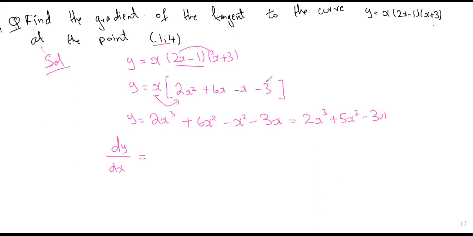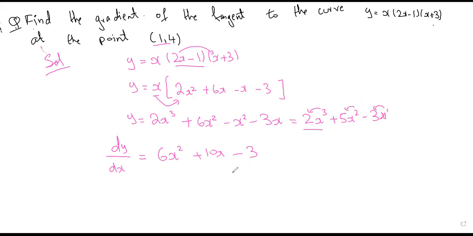Now let's find the derivative. So this is 2x cubed, 3 would be multiplied with 2, 6x squared, 2 would be multiplied with 5, plus 10x, and it has x to the power 1, that 1 would be multiplied with 3, minus 3. This would be the derivative.